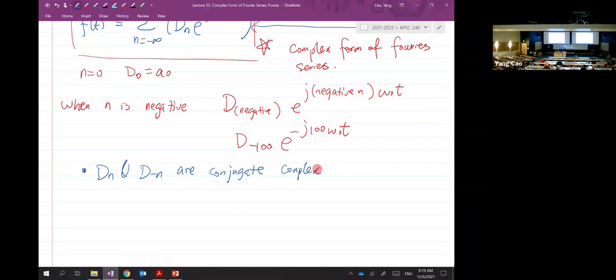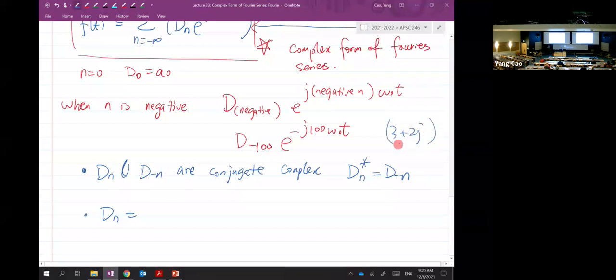Now, second thing: as long as you get dn, you can get d negative n. Essentially, your dn conjugate, when you put a star here, means the conjugate operation. So 3 plus 2j conjugate is 3 minus 2j. And dn, as you can see, is an minus jbn over 2.